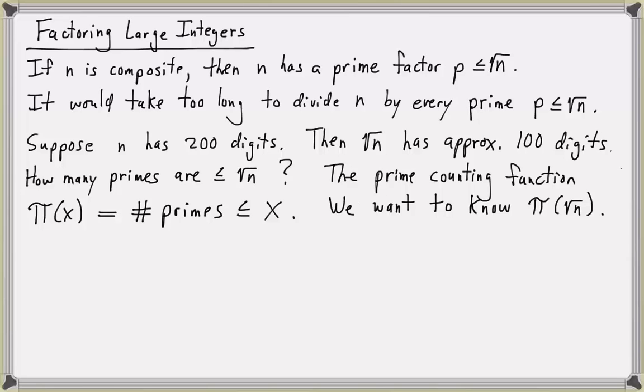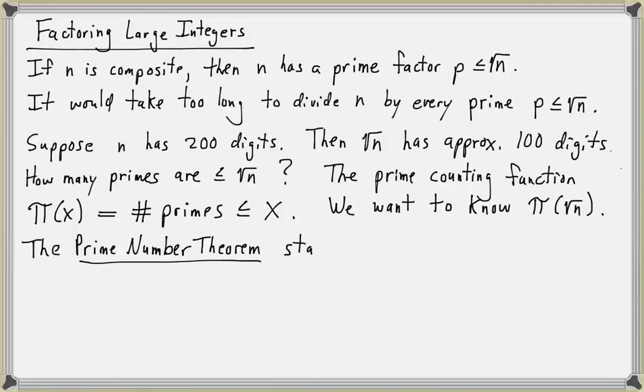Well, the prime number theorem states that the number of primes less than or equal to x, so that is pi of x, is approximately equal to x divided by the natural log of x when x is very large.